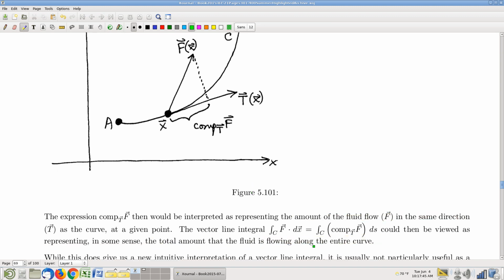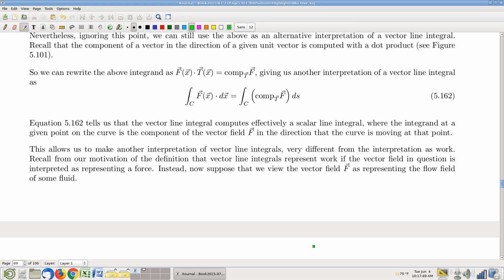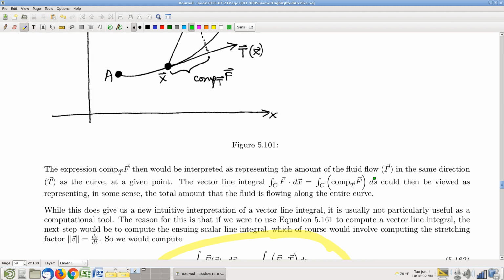So if I were to interpret the vector field as representing a flow of fluids now, forget about forces. We're not going to think about forces and work. Our vector field represents a flow of fluids.